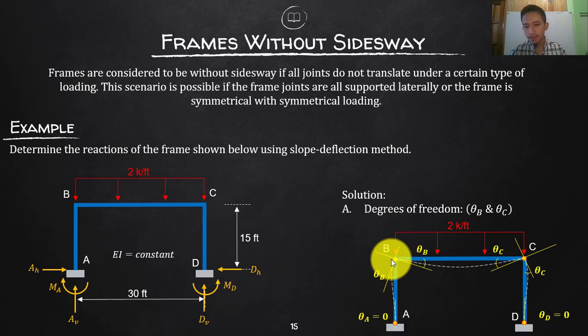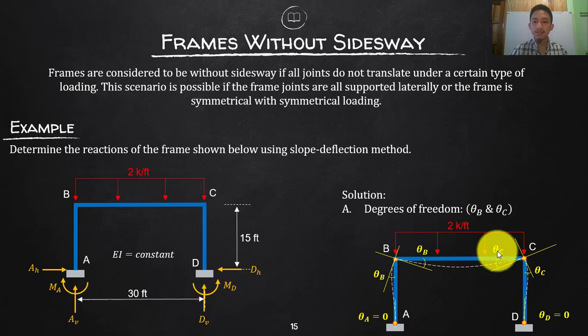Therefore, if the tangent is this theta B from the original position, then that should also be theta B, since again we consider that the frame is still rigid, so that is still 90 degrees. There will be no adjustment or rotation. And same as theta C, you will have your tangents here, and that should still be 90 degrees. So if that is theta C, then that will also be theta C.